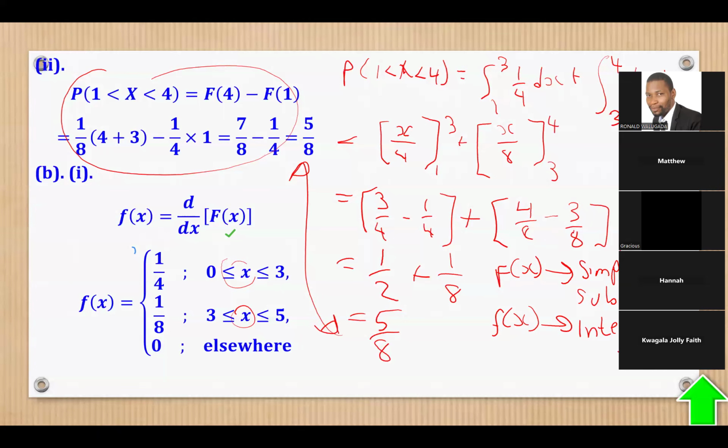Okay, I think we are now good. We are now done with A Roman 2 and B Roman 1. In A Roman 2, we have seen both options, using capital Fx and using small fx. In B Roman 1, you have seen that you have to differentiate if you are given capital Fx and you want to get small fx.